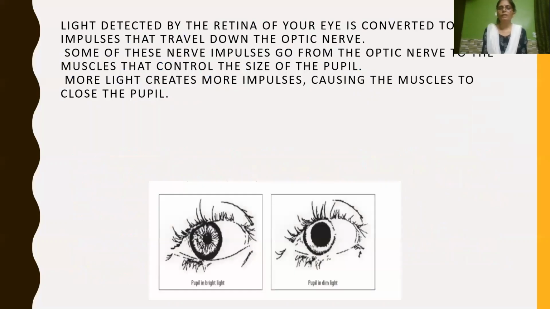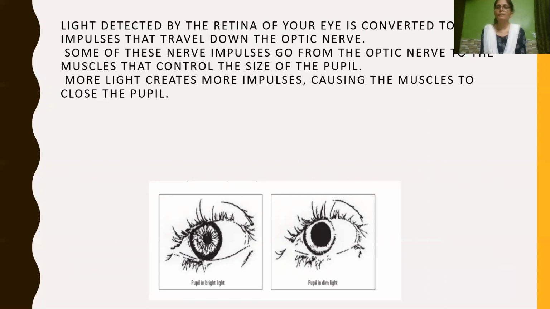Light detected by the retina of our eye is converted into nerve impulses. About the retina and optic nerves, we will see in a later portion of this session. So first it is detected by the retina of our eye, and that light is converted into nerve impulses.